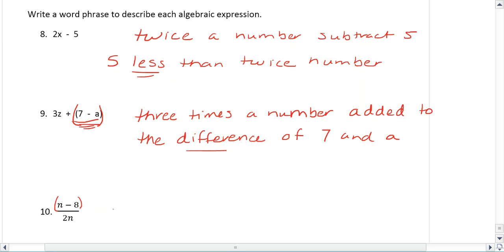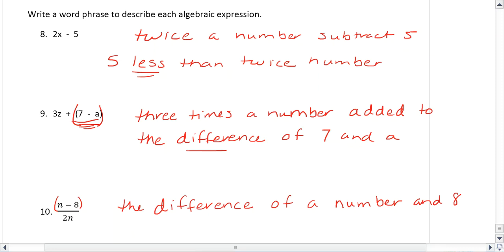So you could say the difference of a number and 8 divided by twice the number. All right, you get the idea.